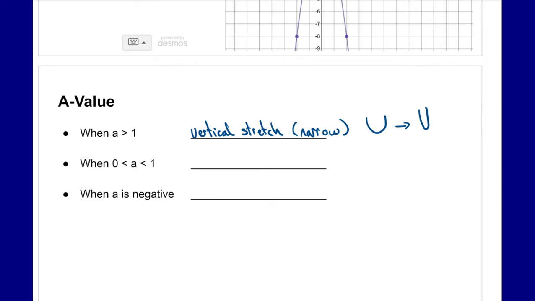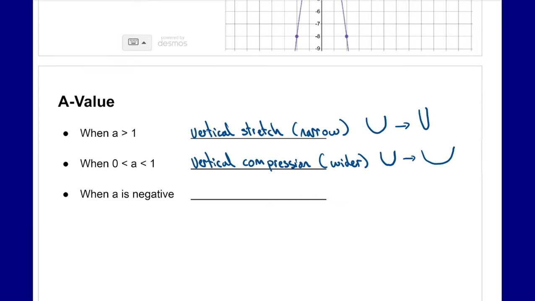When a is between 0 and 1, so a fraction or a decimal value, we have what is called a vertical compression. You can think of it getting wider, grabbing the top and the bottom of the parabola and pressing down or compressing it to make it wider. So if this is our parabola, when we compress it, it makes it wider.